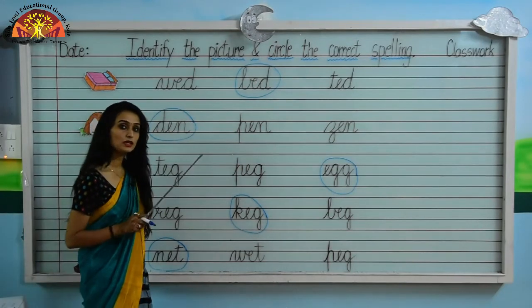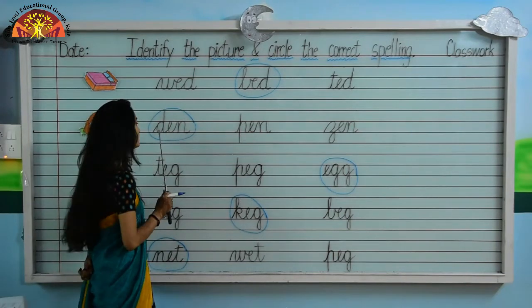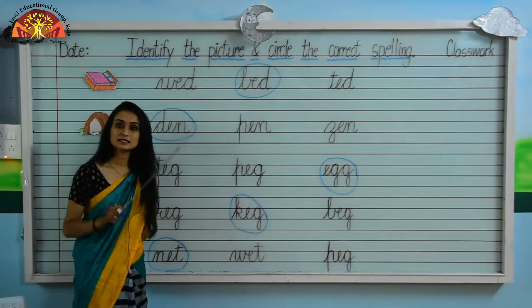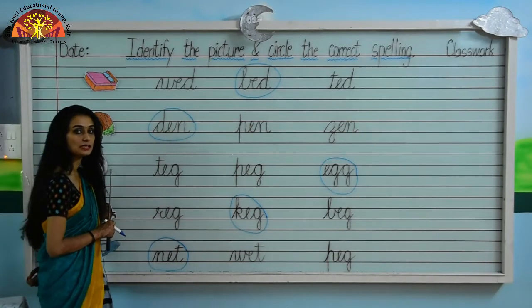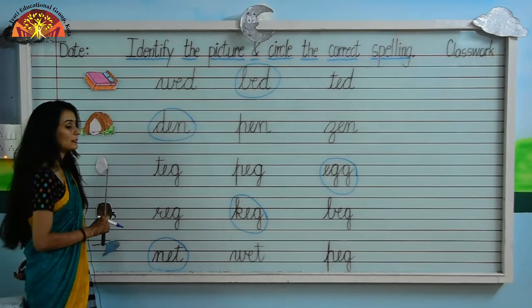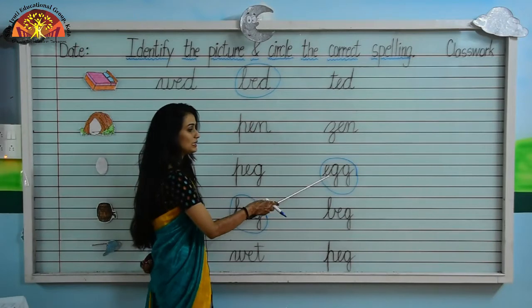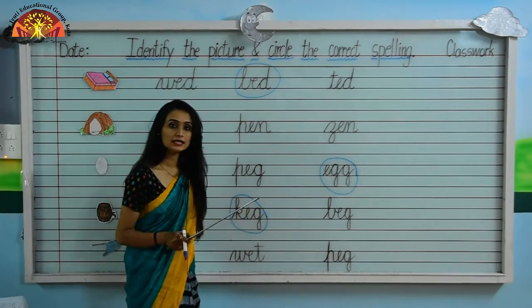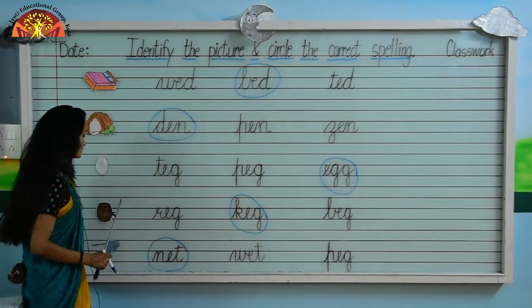And the correct spelling of den is D-E-N. Den. Now come to the next one. What is this? Yes, you are right, kids. This is egg. And the correct spelling of egg is E-G-G. Egg. Come to the next one.